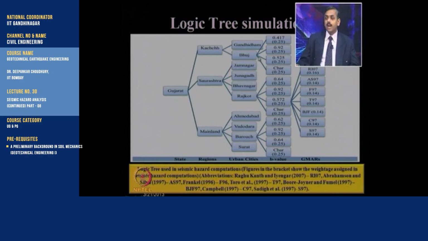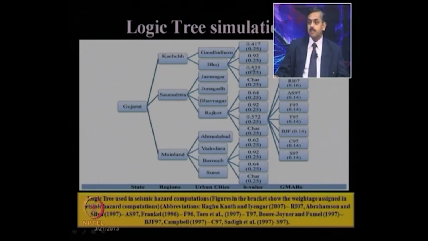Now, if we consider one particular city, say Bhuj city, for that we have taken 4 seismicity models. Can you see that? So, the B values of the 4 seismicity models we have reported over here. For Bhuj, we obtained the B value using the least square fit method in our present study as 0.417.